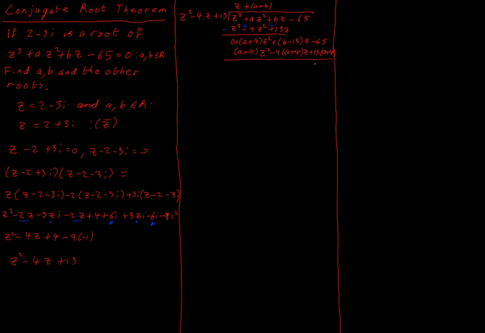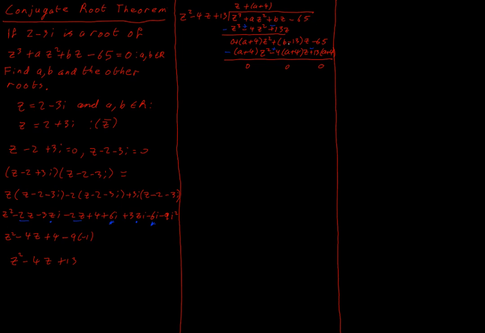Next step is subtract. Subtracting a negative is the same as adding. And this obviously sums to 0, but these two must sum to 0 as well, because I know that this is a factor of this.